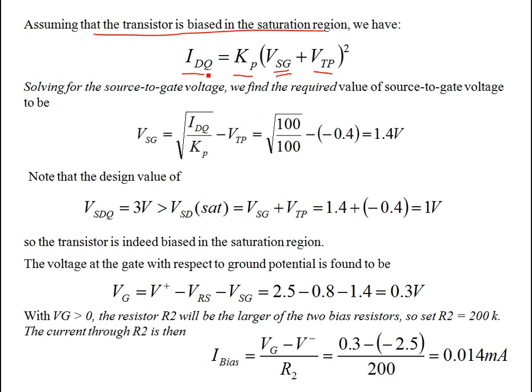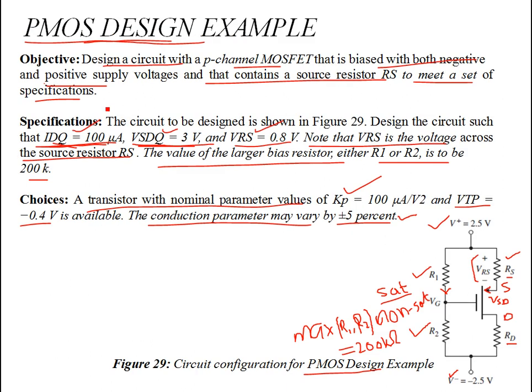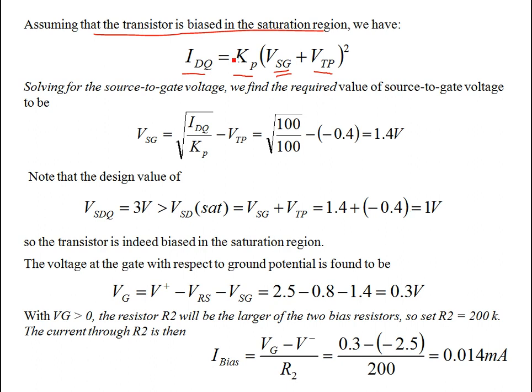In order to find that out, you have 100 microamps of IDQ, and your Kp is also 100 microamps per volt squared. So you reformulate this equation to make VSG the subject: square root of IDQ over Kp minus VTP. This minus minus becomes plus, and you find VSG from this relationship as 1.4 volts.